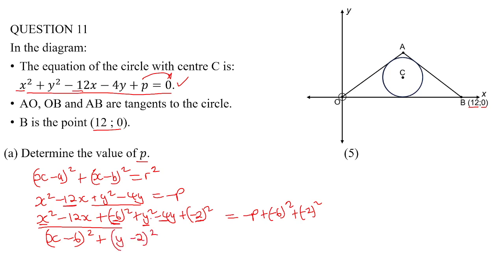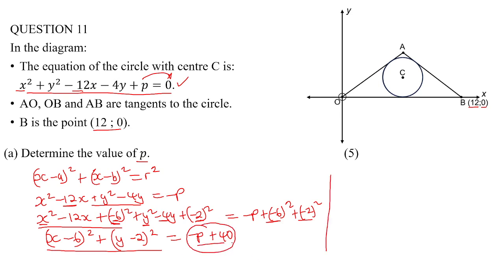But if you want, you can have y squared minus 4y plus 4, but still we're going to get y minus 2 times y minus 2, which is y minus 2 squared. So this is equal to negative p, and then plus 36 plus 4, that is plus 40. Okay, so this is our equation in standard form. Now this is equivalent to r squared.